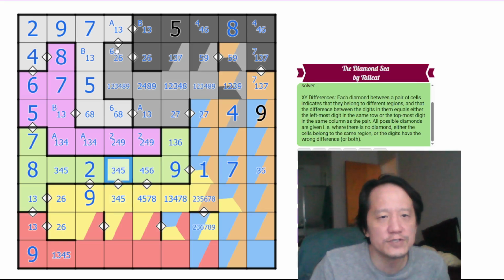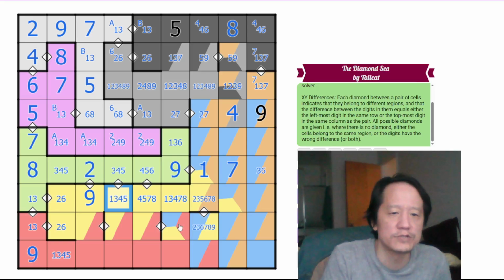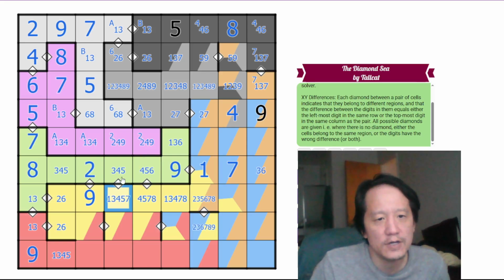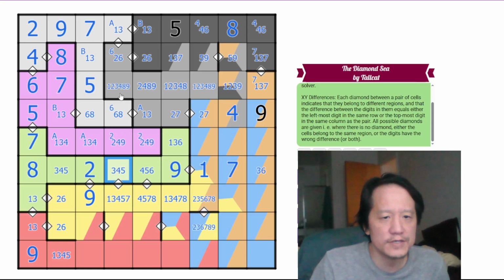If it's a difference of 3, that would force this to be 6. This could be 1 or 7, and that could work either. If this is 5, then it could be a difference of 1. It cannot be 6 because this is a 2, 6 pair here.